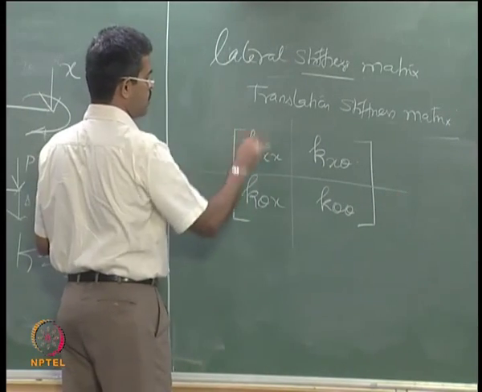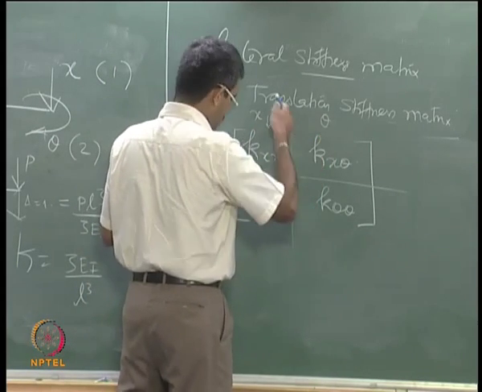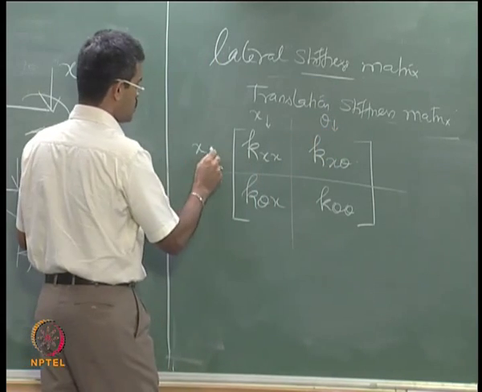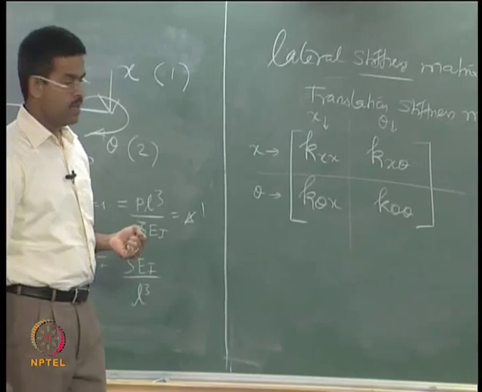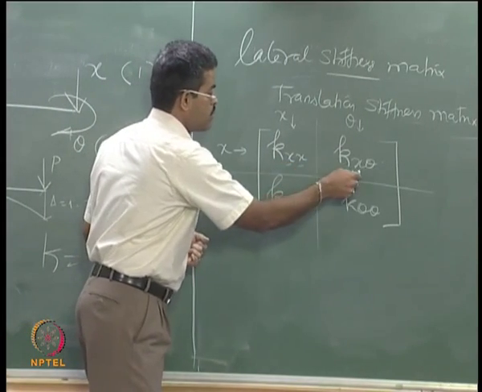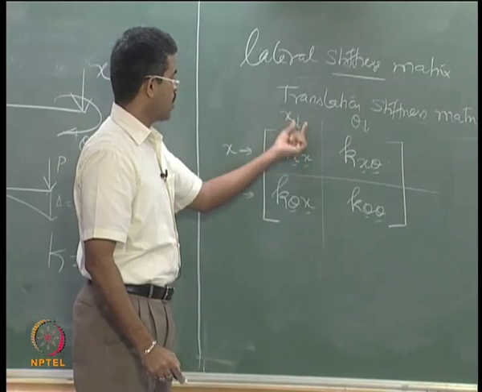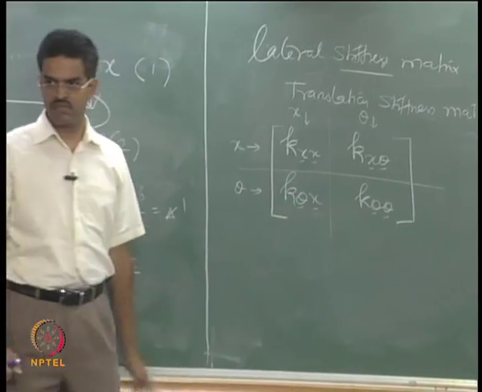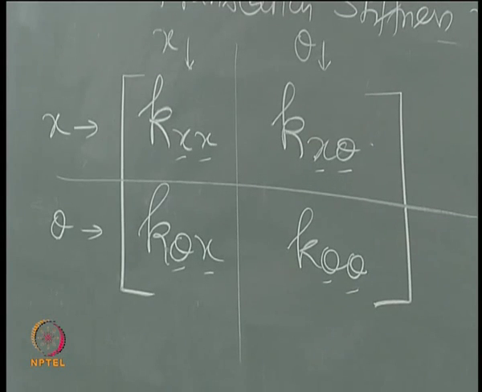This column is the x column, this column is the theta column, this row is the x row, this row is the theta row. So, row column, row column: row x column x, row theta column x. You can read it like this. Okay, so no confusion here.